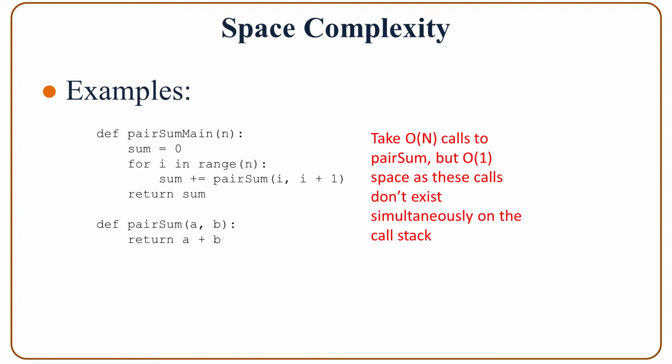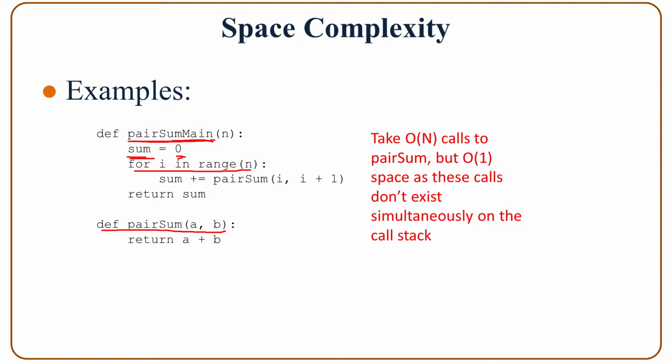Let's look at another example. In this example, we have a function, namely pair sum sequence. We initialize a variable sum with 0 and then loop for all the values from 0 to n minus 1. In each iteration, we call another function, namely pair sum.